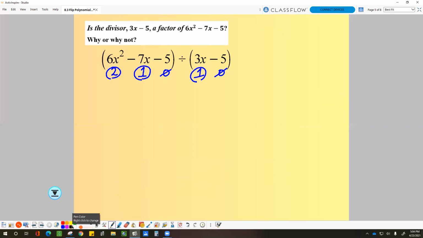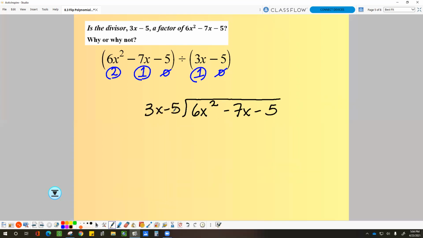I need to rewrite this problem in long division format. Like this. To start dividing, I look at the left side of this polynomial and the dividend, and I divide by the left side of my divisor.